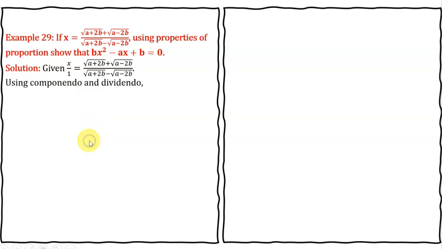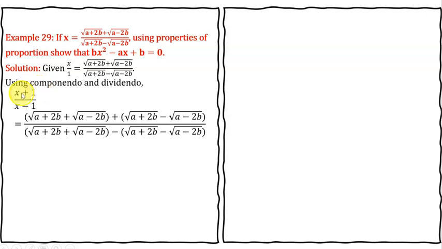Applying the componendo and dividendo, then you will have x plus 1 upon x minus 1 is equal to in bracket the square root of a plus 2b plus the square root of a minus 2b plus the square root of a plus 2b minus the square root of a minus 2b, upon the square root of a plus 2b plus the square root of a minus 2b minus in bracket the square root of a plus 2b minus the square root of a minus 2b.